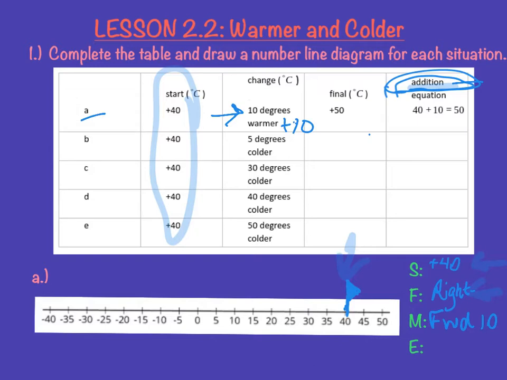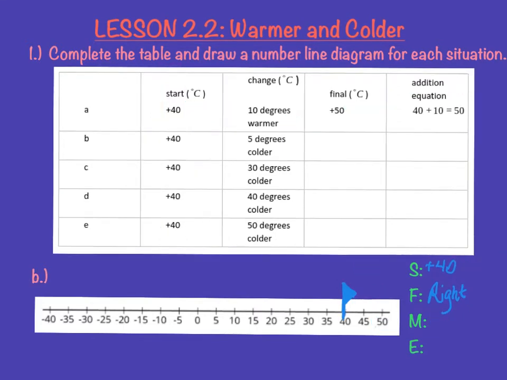So forward goes in this direction, and I move forward 10, so that would bring me here to 50. So I know that the equation is 40 plus positive 10, we don't need to put that extra positive in there, equals 50, and here's my answer, positive 50.